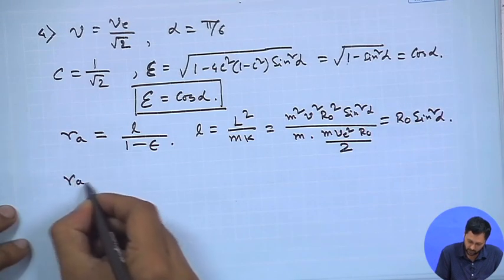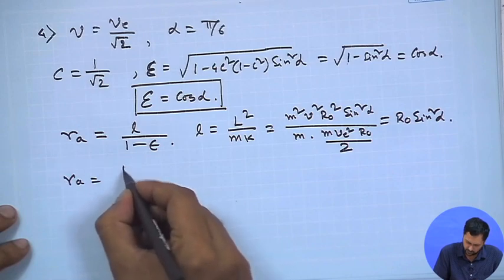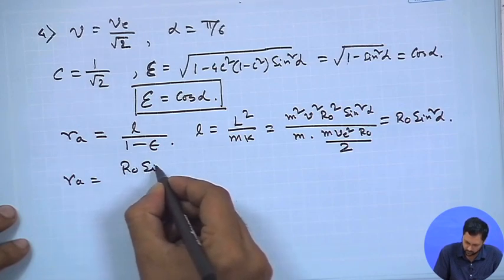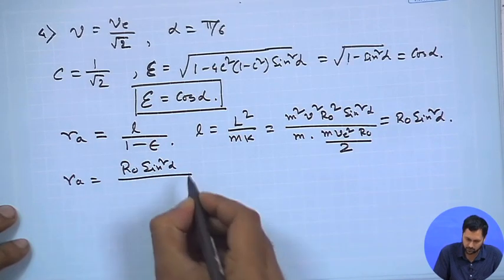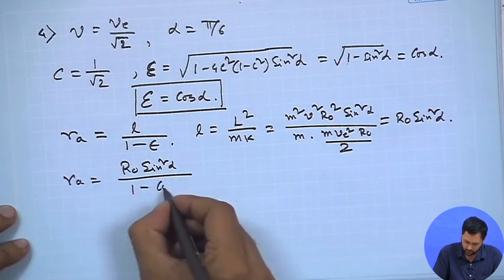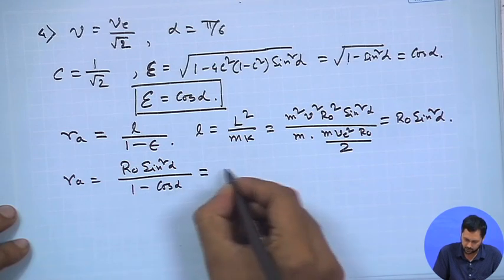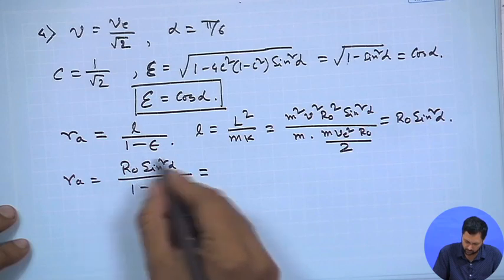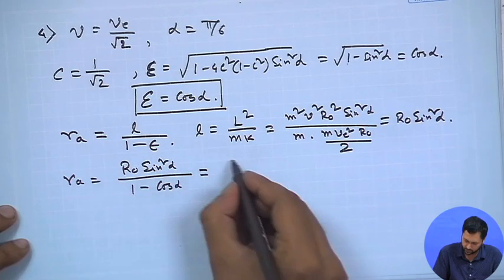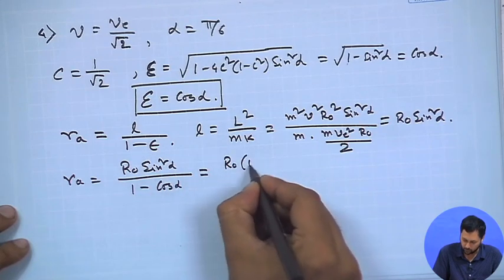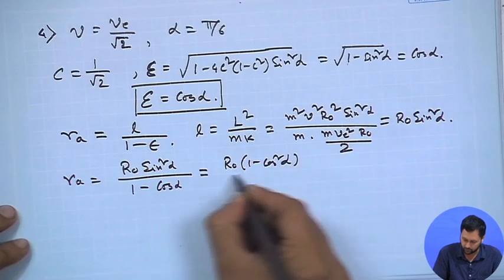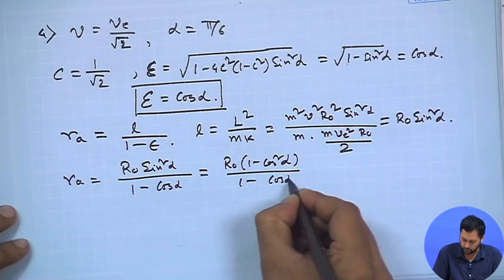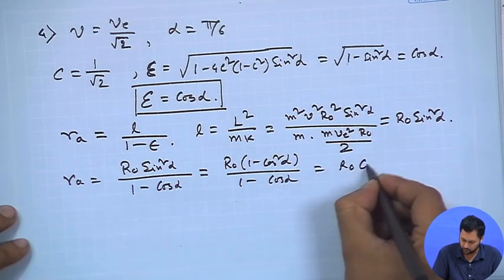So r a is r 0 sin square alpha divided by 1 minus cos alpha, and you can see that r 0 sin square alpha can be written as r 0 times 1 minus cos square alpha, which gives r 0 times 1 plus cos alpha.